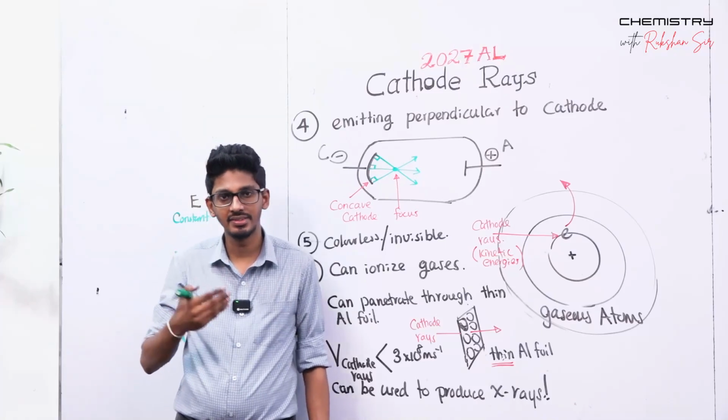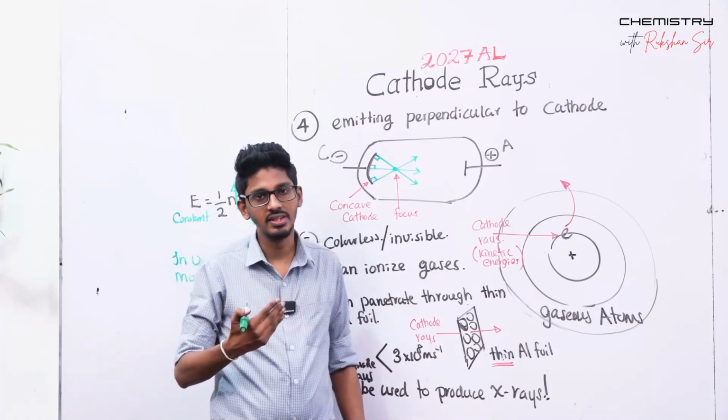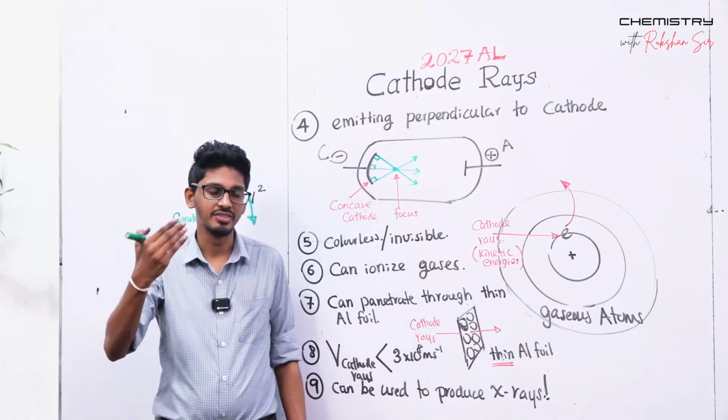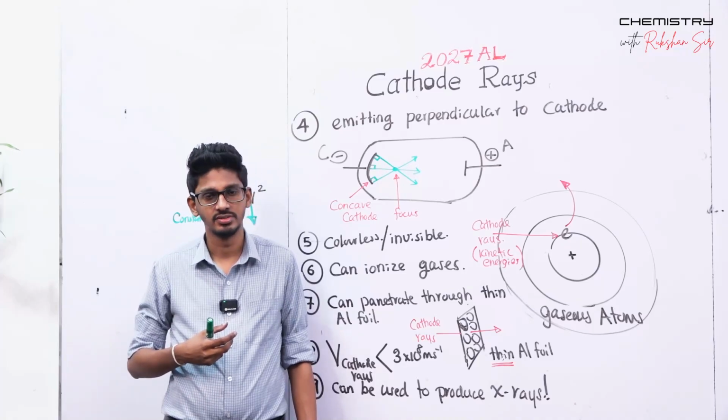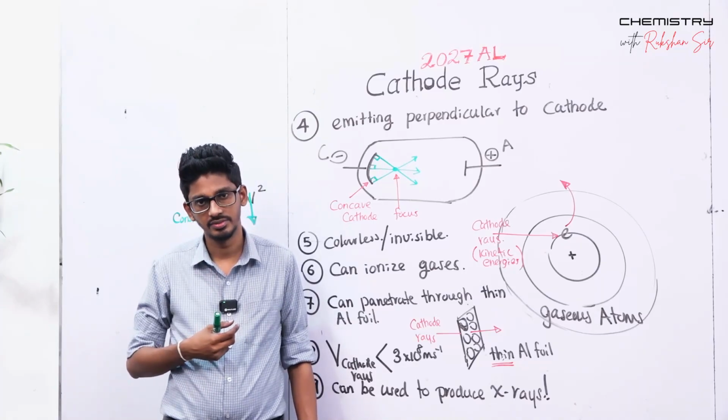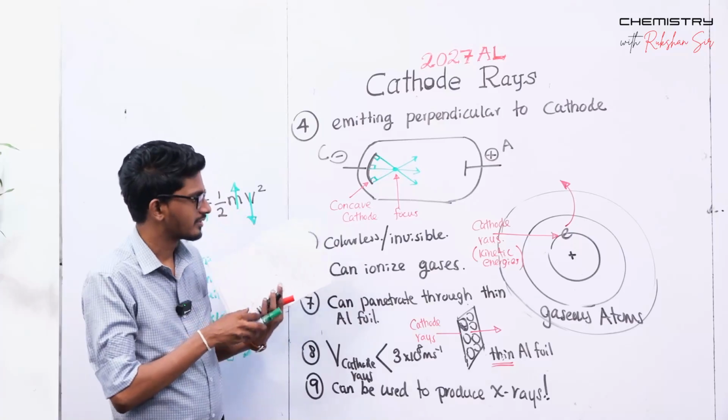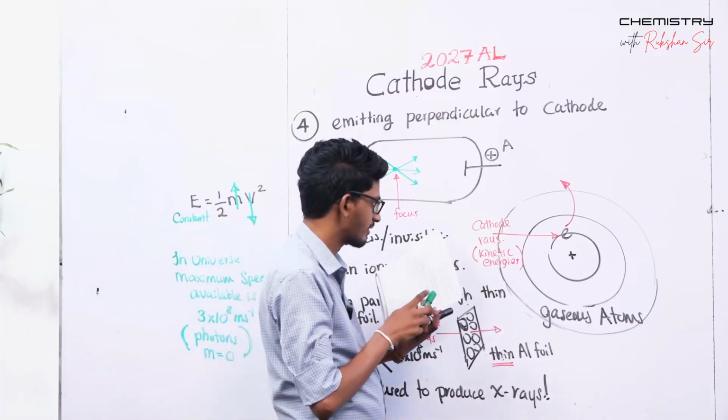If visible radiation can be produced, definitely they can produce X-rays as well. X-rays are another kind of electromagnetic radiation like visible rays. So cathode rays can be used to do so as well.